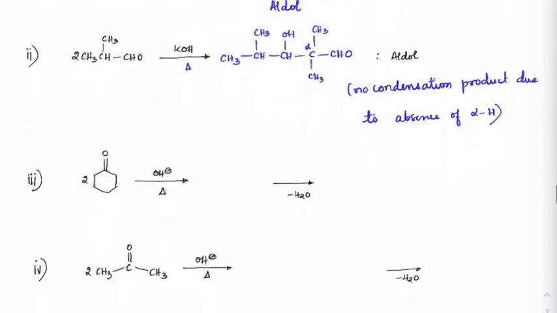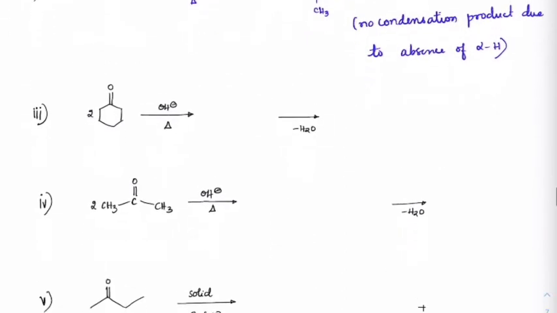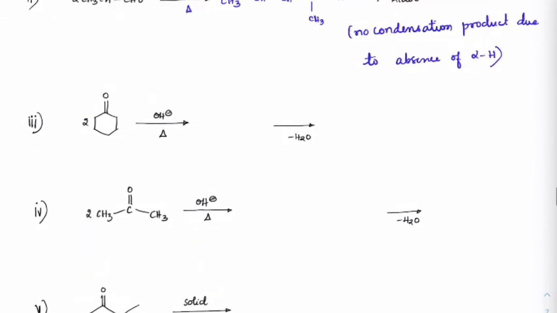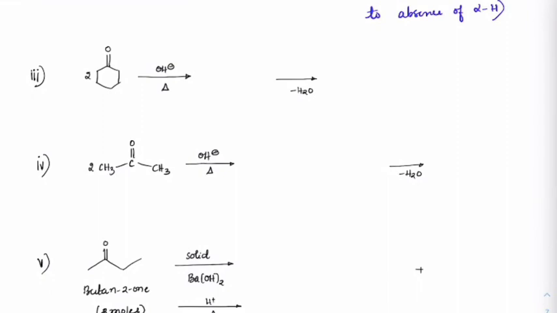Okay. See the next one, how we can do that. I'll keep doing few questions so that you get familiar, and then in the assignment you can do a lot of them. Again 2 moles of this. What do we do? First, I will keep the structure the way it is, this first mole.